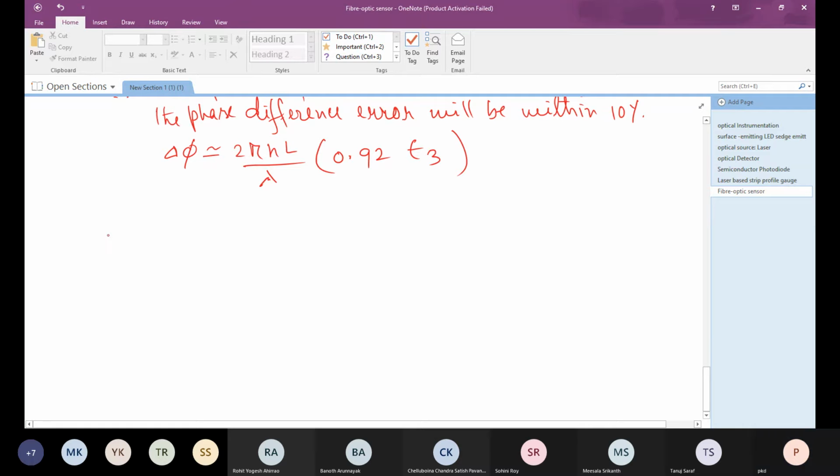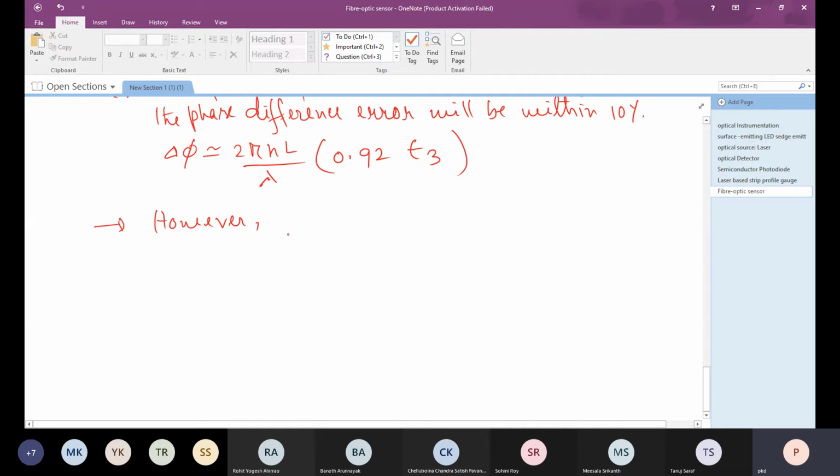So, however, there are some more complications in this. Usually, these magnetostrictive materials are nonlinear in nature, because if we want a good effect, we have to put high mu materials like nickel.